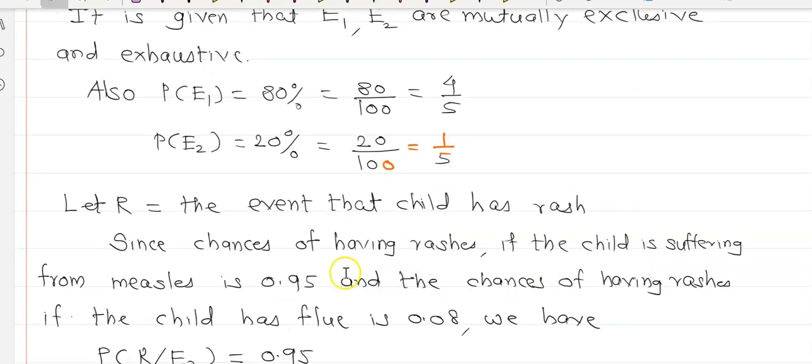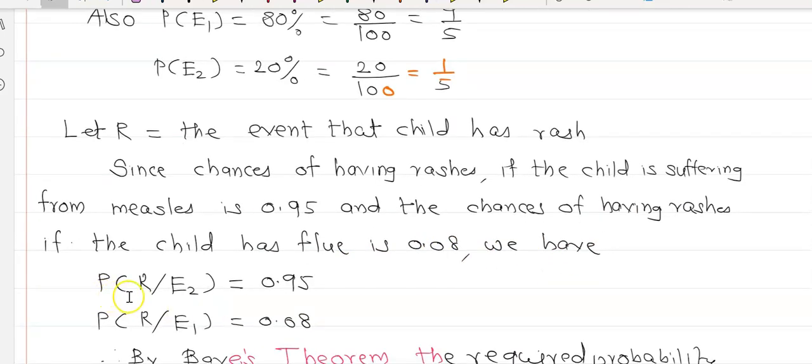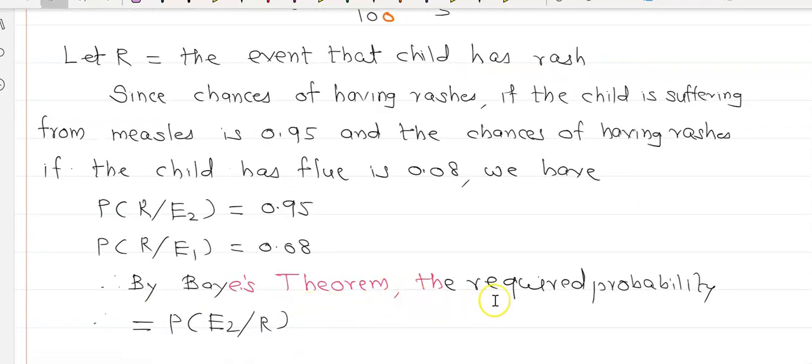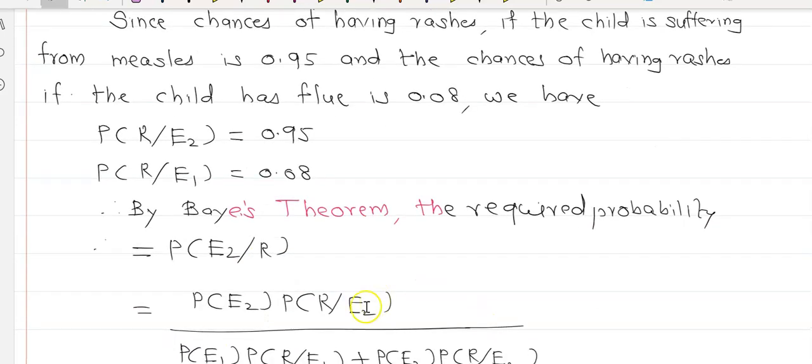Since the chances of having the rash if the child is suffering from the measles is 0.95 and the chances of having the rash if the child has a flu is 0.08. Therefore, we have the probability of R conditional E2 is 0.95 and probability of R conditional E1 is equal to 0.08.